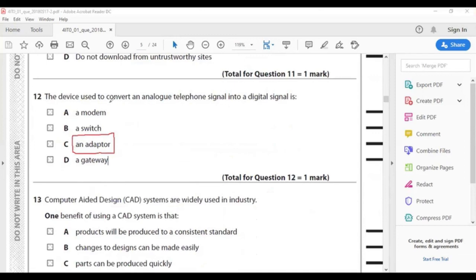We're talking about converting analog phone signals into digital signals. Over a telephone line, you're sending information through the telephone line over the internet. So what is the device responsible for converting those computer signals to telephonic and vice versa?